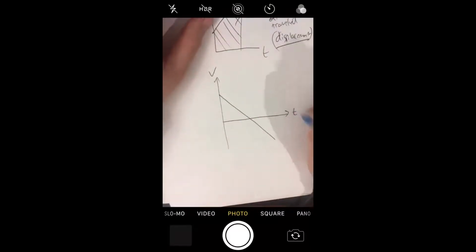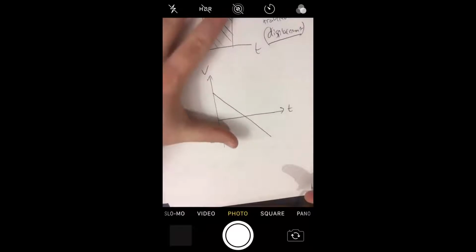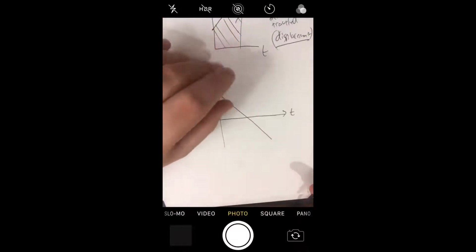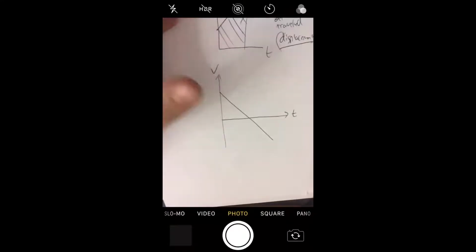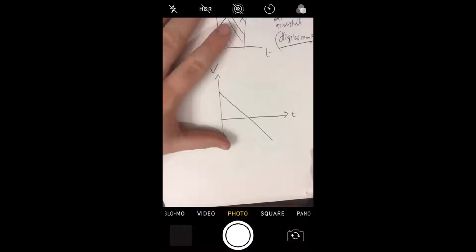Now, in this velocity time graph, and this is a problem if you're doing year 11 and you're doing integration in methods, it's going to make sense. But if you're not doing it, then it's not going to make sense.